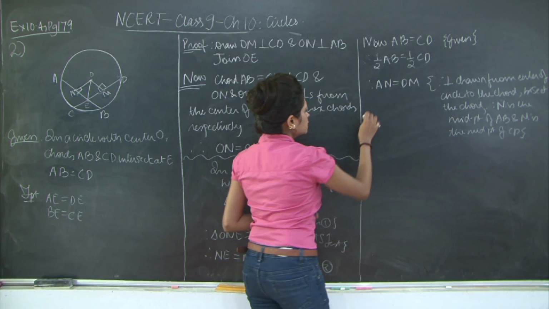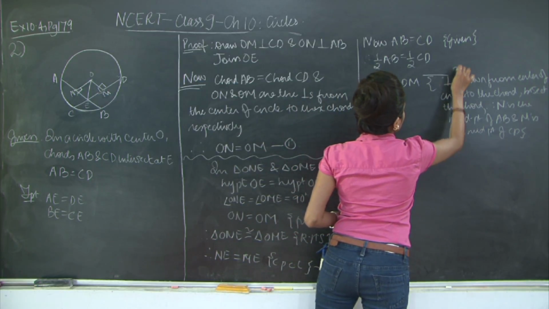Therefore, AN is equal to DM. Right? Let's mark this as 3.